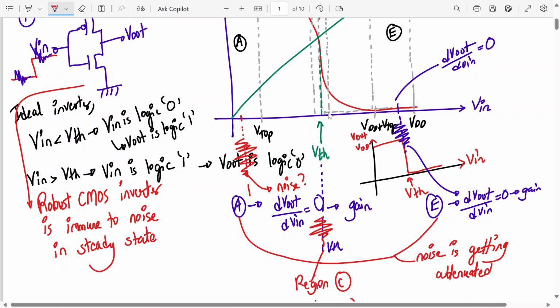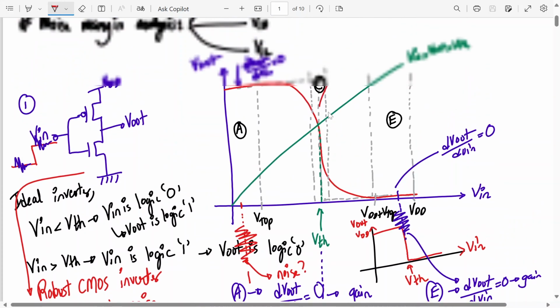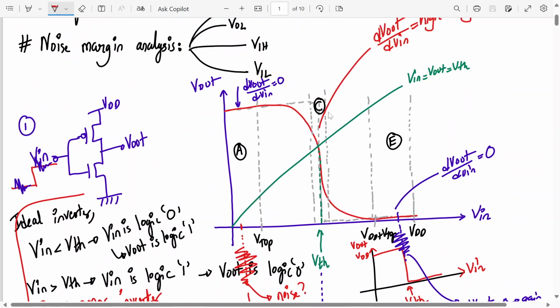But in steady state conditions, your noise must get cancelled, must get killed. Okay, so first of all, in region number C, it should not fall. It's a very small range, but still it should not fall. Now, can you tell me how we have to define two more boundaries for region B and D? How will I define those boundaries? Can you tell me how?